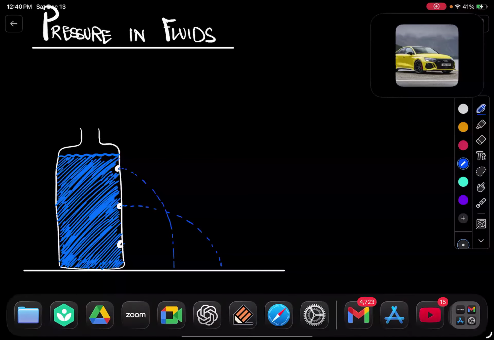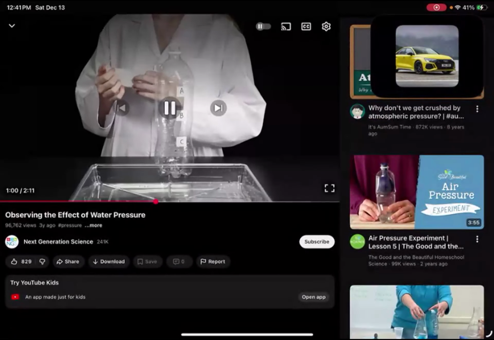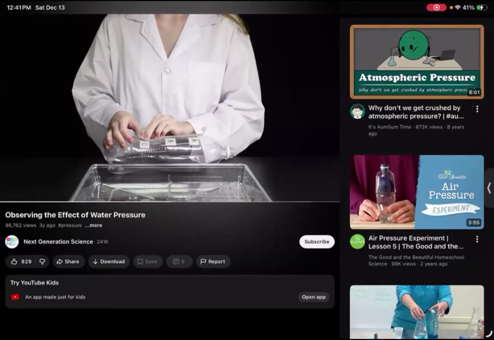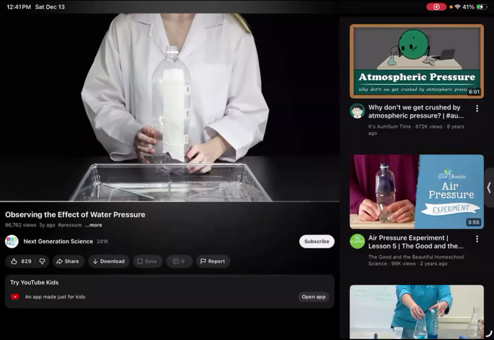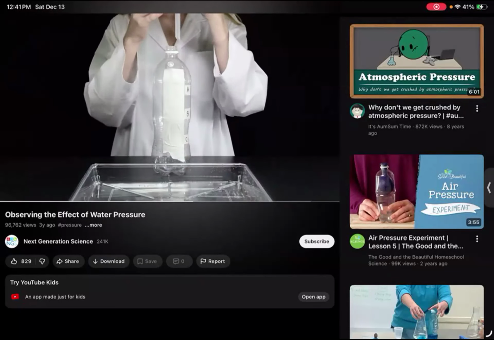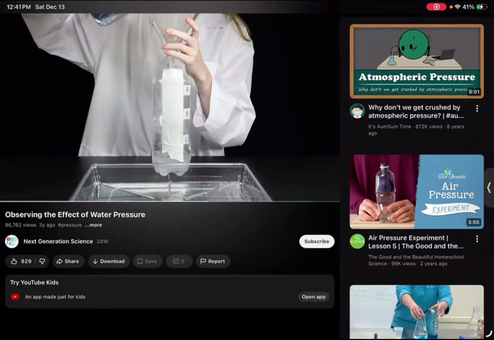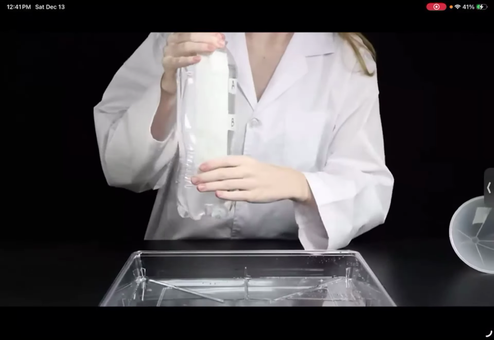Place the tray at the base of the bottle and quickly remove the tape.